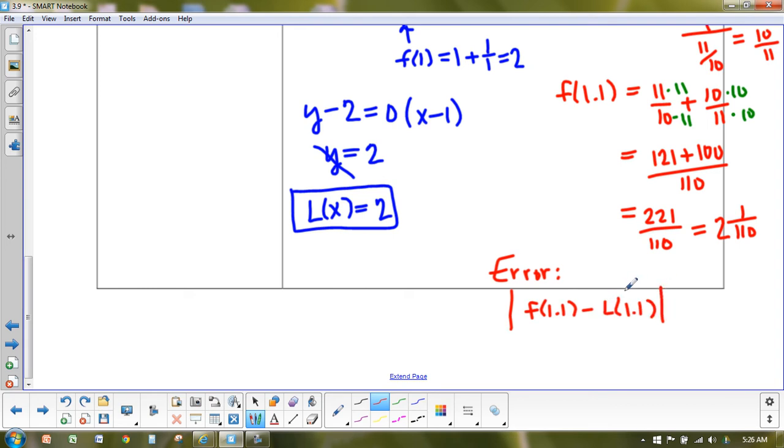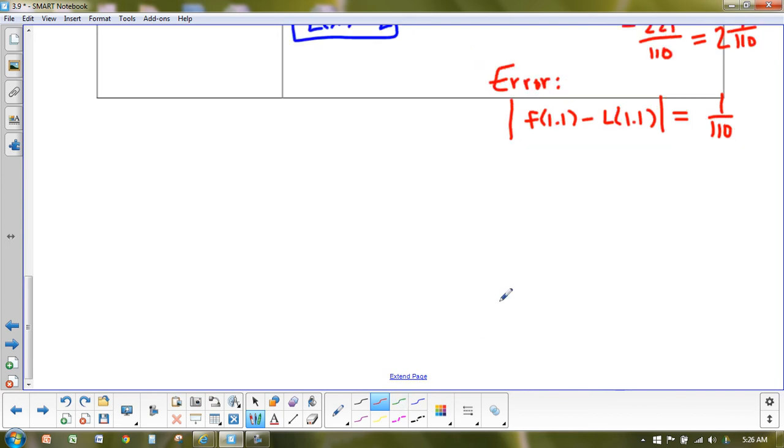What this tells us, if you look a little bit further, are some AP conclusions that you might want to find. If you notice that L of 1.1 actually underestimates, because it was just at 2, it underestimates f of 1.1.